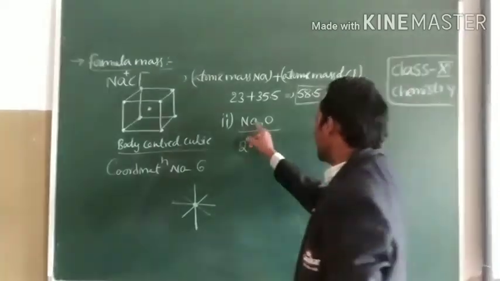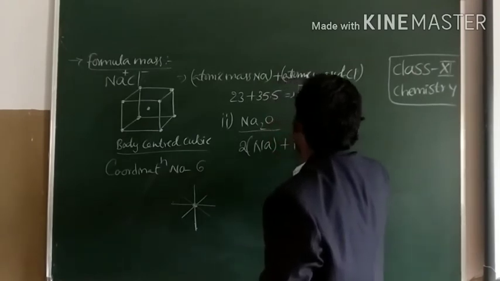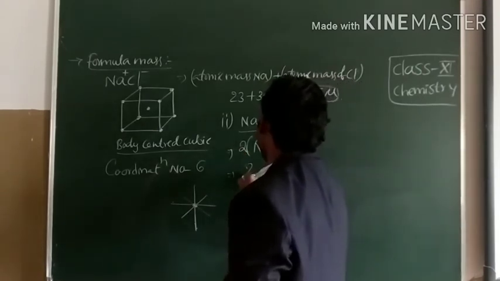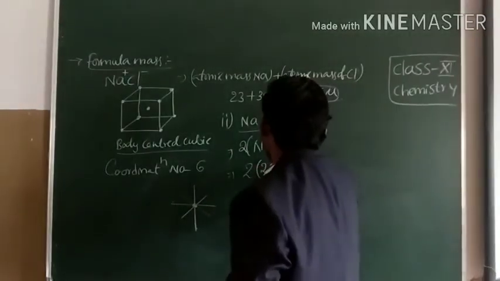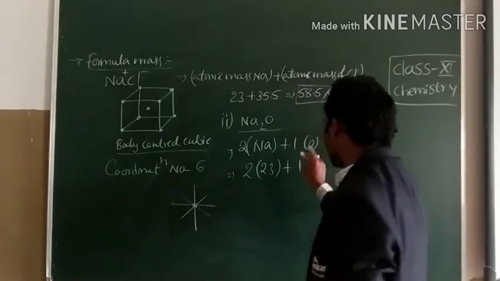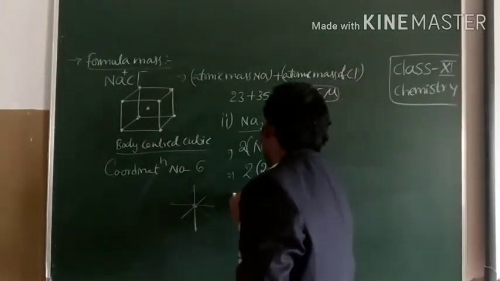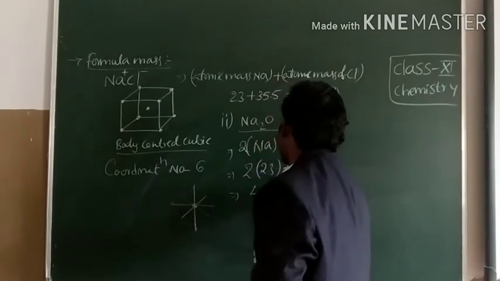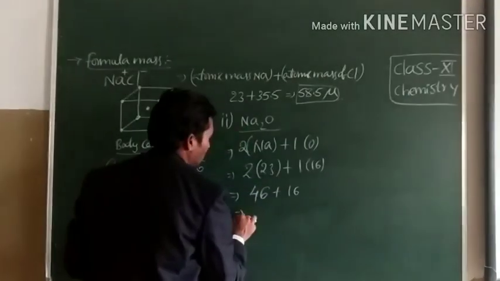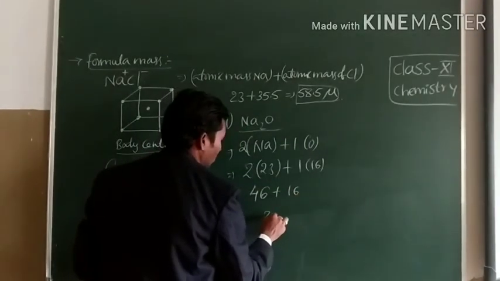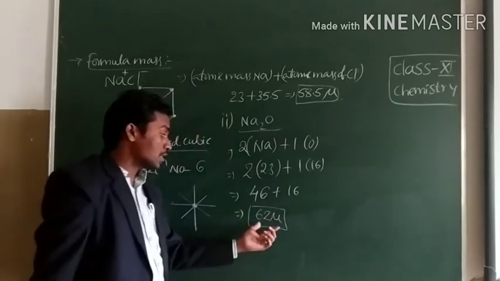How many sodium atoms are here? 2 into sodium atomic mass, 23, plus 1 into oxygen atomic mass, 16. 2 23s are 46, 46 plus 16 is 62 mu.